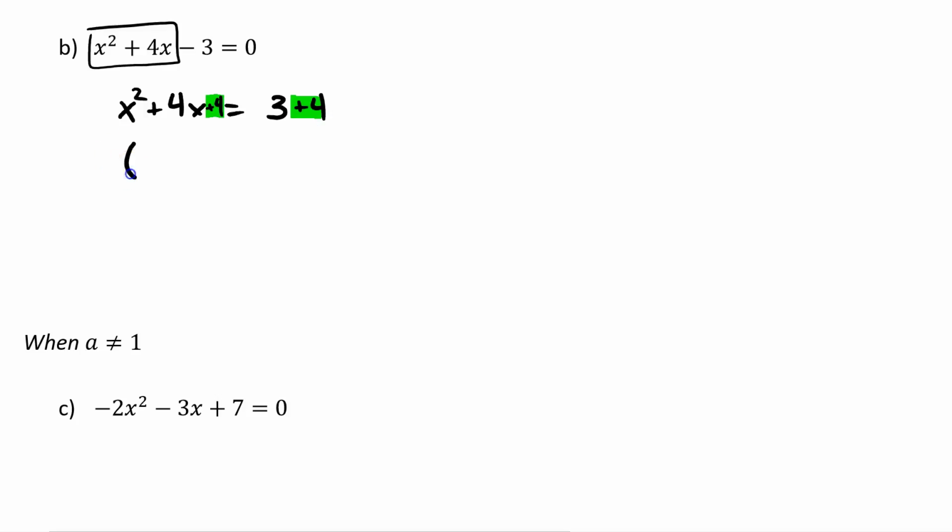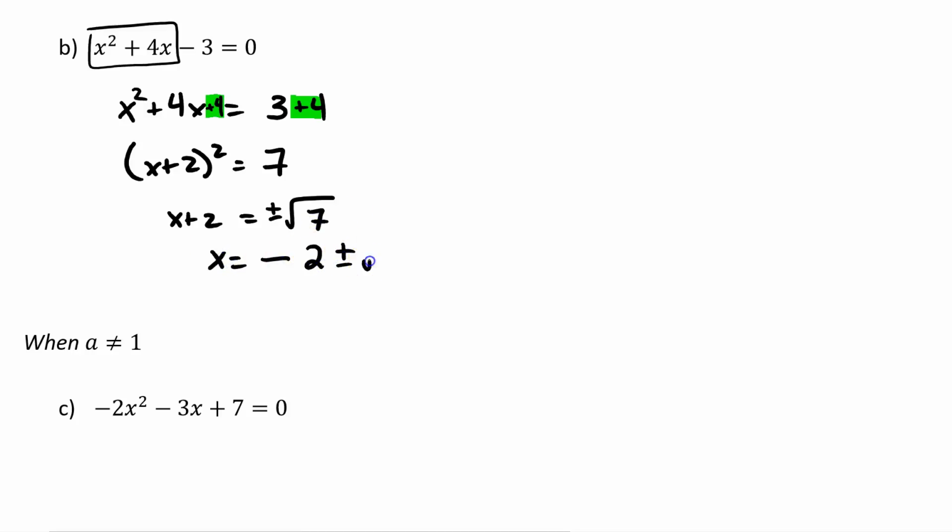So then this will become x plus 2 squared equals 7. Take the square root of both sides. x plus 2 equals the positive and negative square root of 7. x equals negative 2 plus or minus the square root of 7. Done.